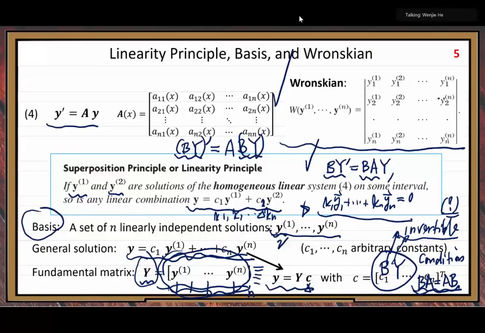M linearly independent vectors, if you put them in one square matrix, then the determinant cannot be zero. That's the reason: linearly independent. If the determinant equals 0, then you can say they are linearly dependent.